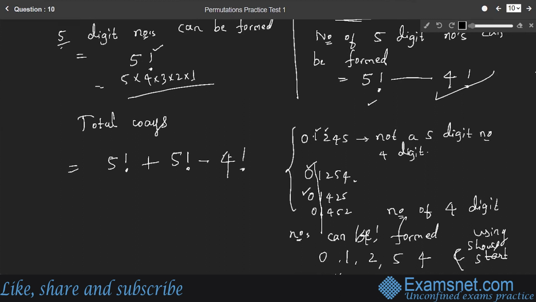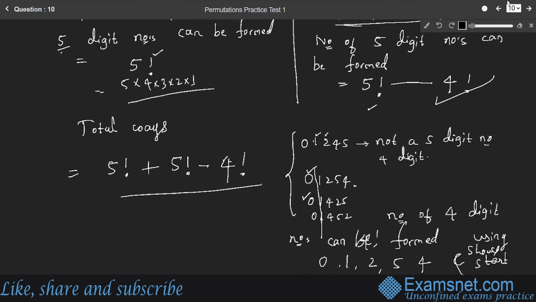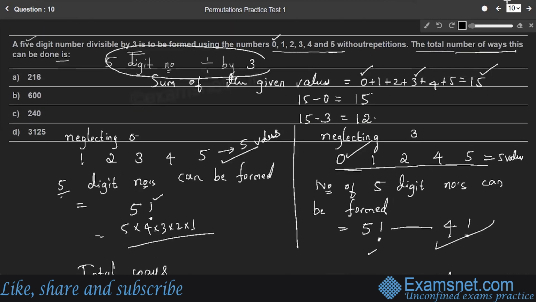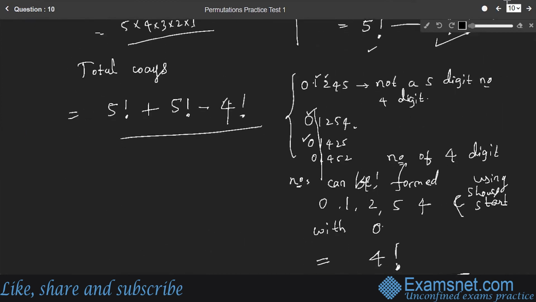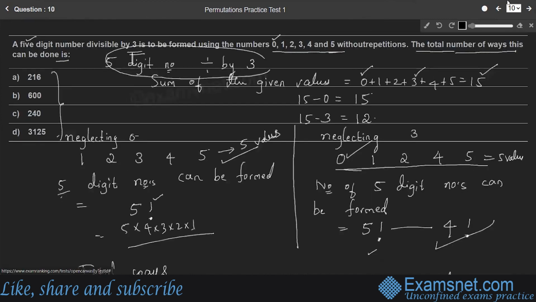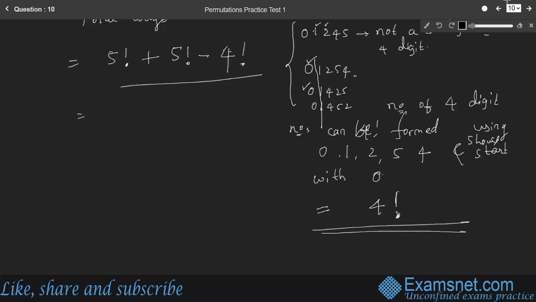These many 5-digit numbers can be formed. According to the options, we'll simplify it. What is the value of 5 factorial? Just simplify.